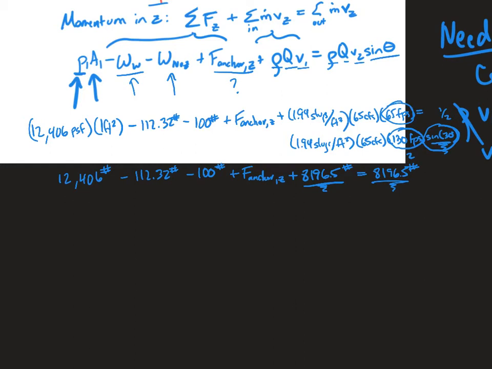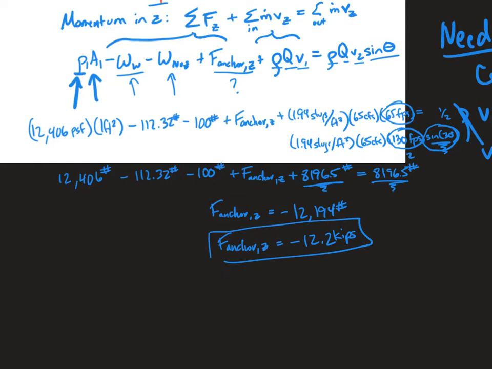It's totally coincidental. It won't normally work out that way. So then our F anchor z ends up being negative 12,194 pounds, and as I prefer to do it with 3 significant digits, negative 12.2 kips. Sometimes they use a lowercase k for that.